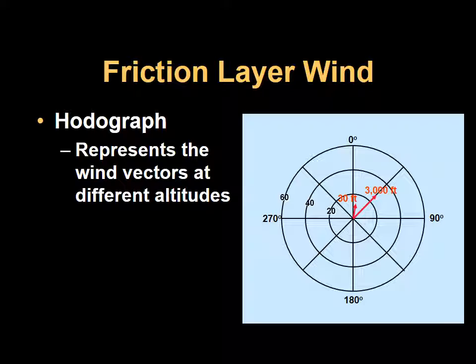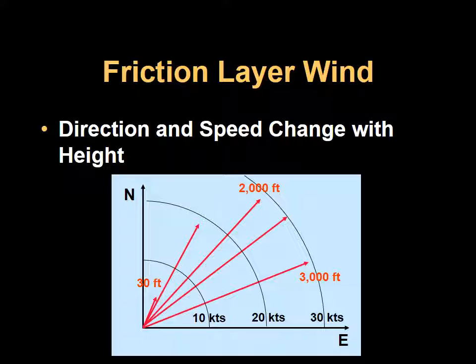They were blowing kind of southerly, so let's plot that, and the winds were only about 10 knots. And then up at 3,000 feet, they were blowing from the southwest, and they're blowing a little bit stronger, about 30 knots. So we can plot all the winds in the lowest layers of the atmosphere, and you'll notice that they keep changing kind of more and more westerly.